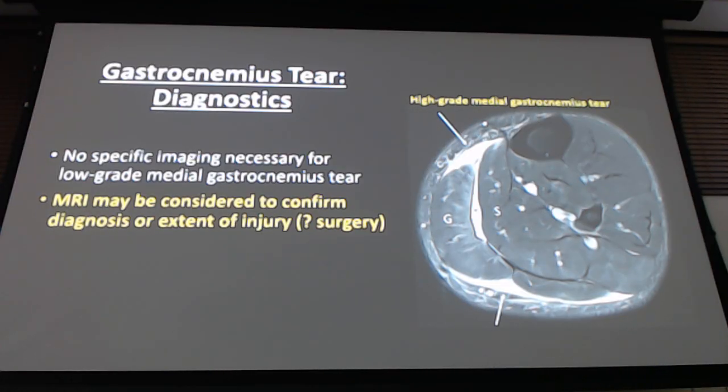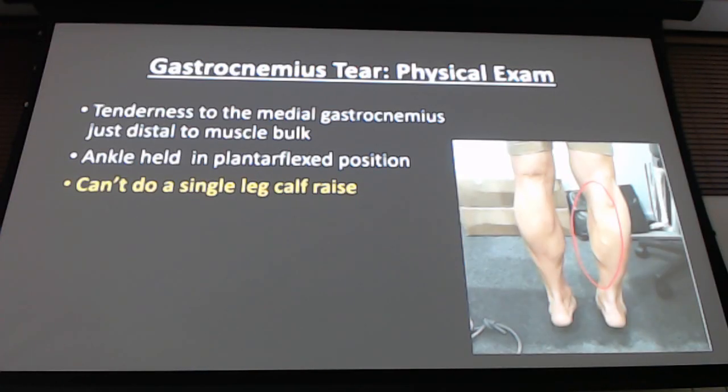We'll talk about that. But do you need an MRI to diagnose that? No. Are you diagnosing it on physical exam? Yes. Even though they have pain with a single leg raise, they're able to do it. If it's low grade, you can slow down and he doesn't need surgery, right? He or she. But if you're thinking it's high grade, if I saw this picture here, I'd get an MRI.